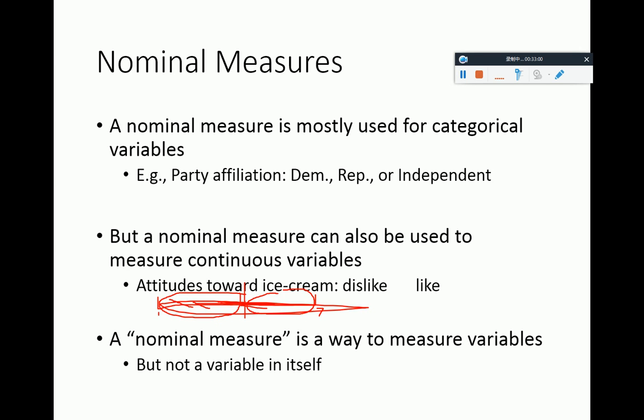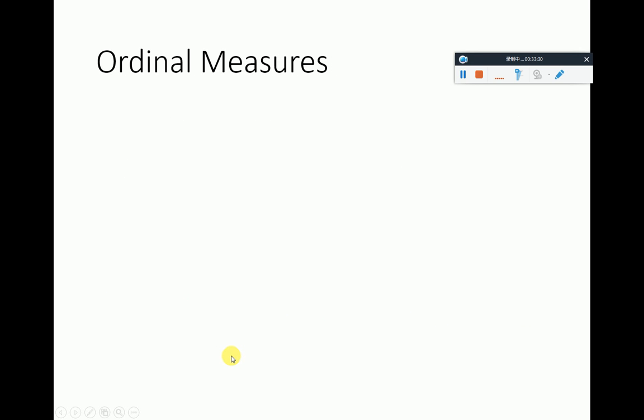So let me repeat. A nominal measure is a process, an activity, in which we measure something, and a variable is the object of measurement. It's something that we're going to measure. So bear in mind this distinction, a very important distinction indeed.